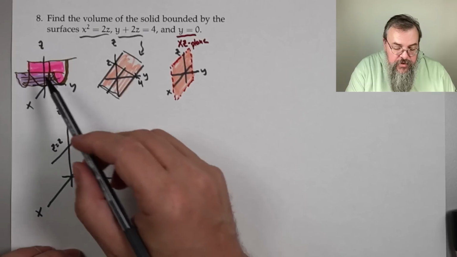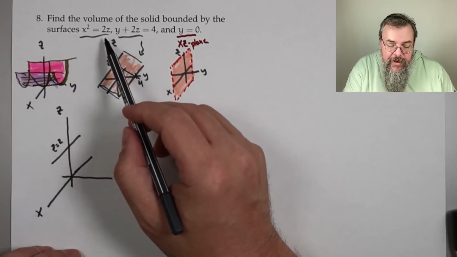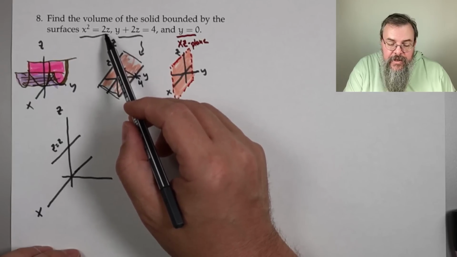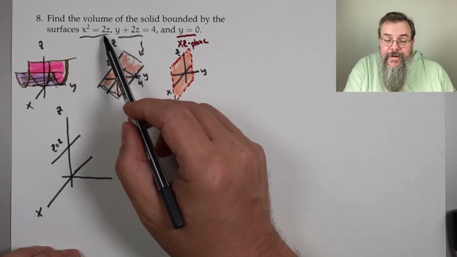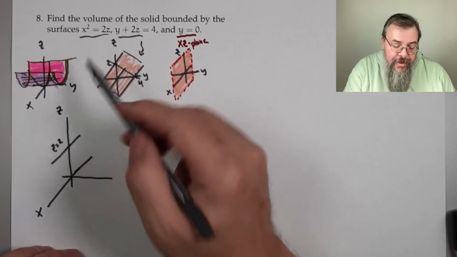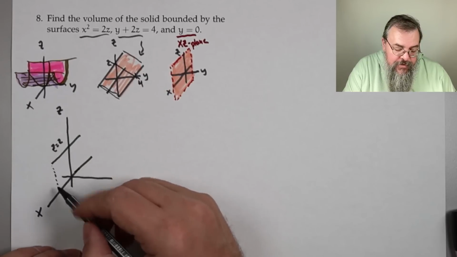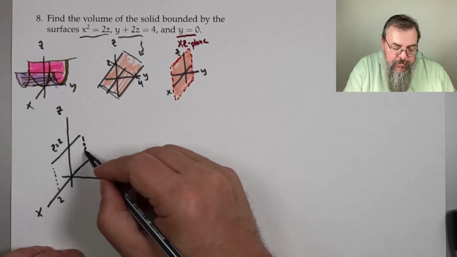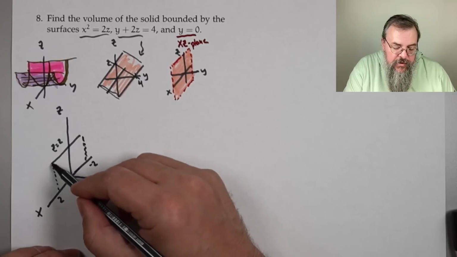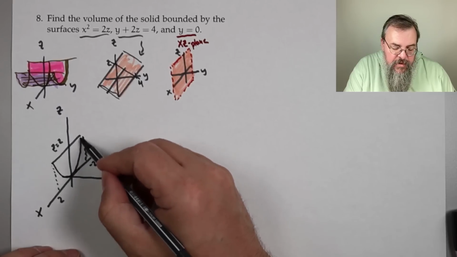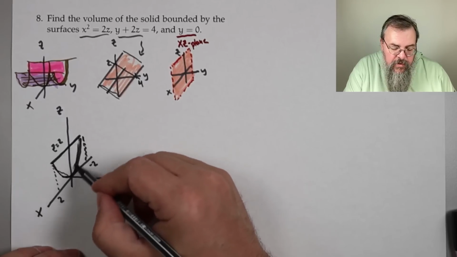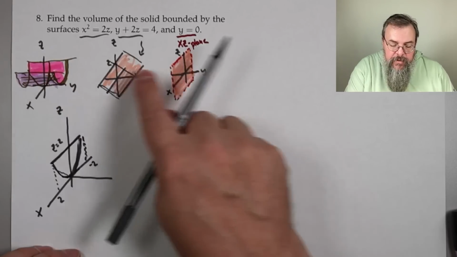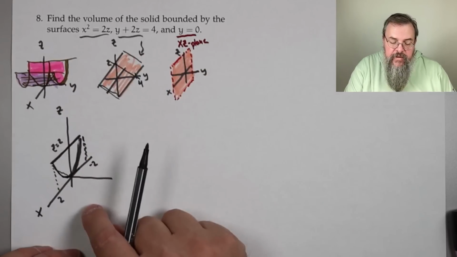We really care about what's happening here at z equals 2. Now at z equals 2, let's think about what's happening with our x values. If we put z equals 2, 2 times 2 is 4, so x squared is 4. So you have these values, positive 2, and back behind here is negative 2. And now you have this parabola. Essentially we're intersecting the parabola with the xz plane, capping it at z equals 2.